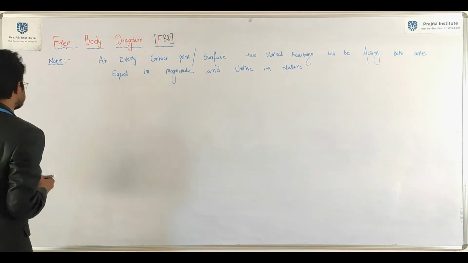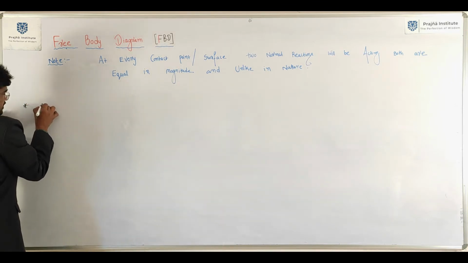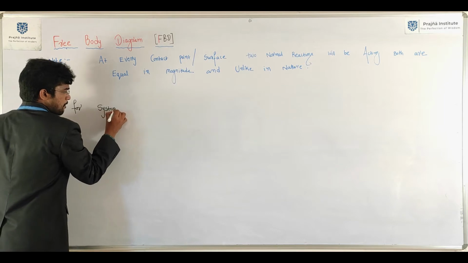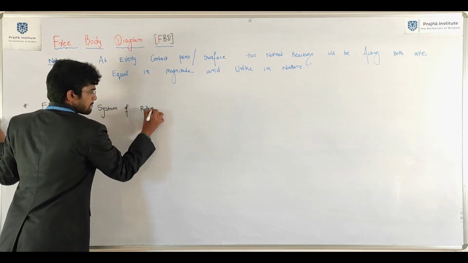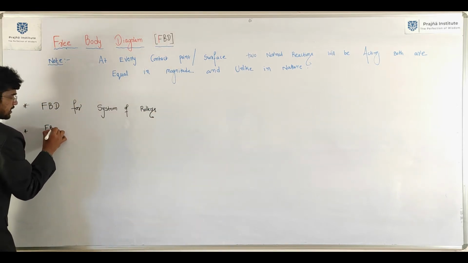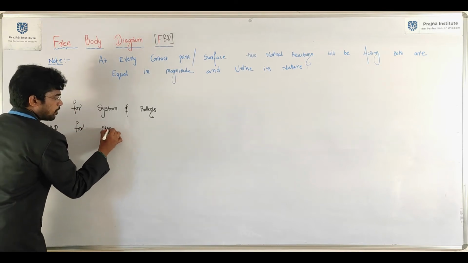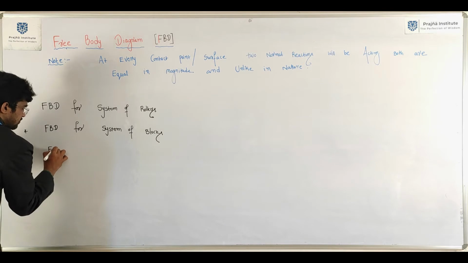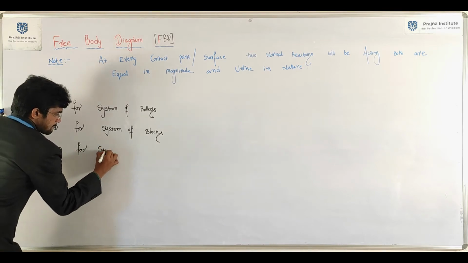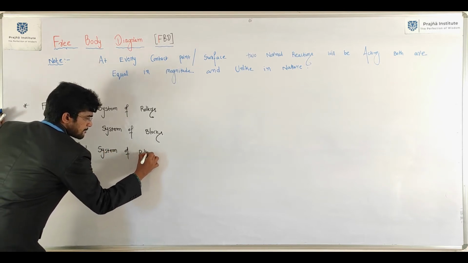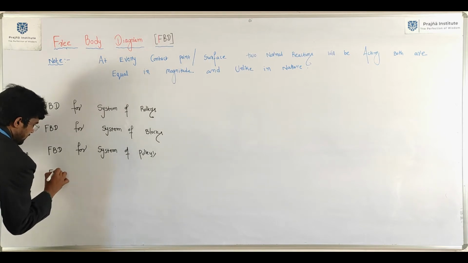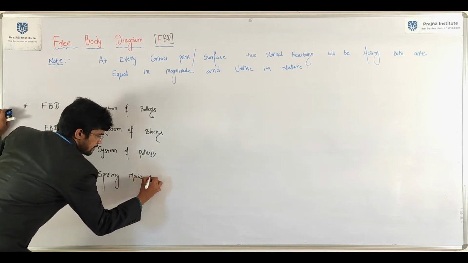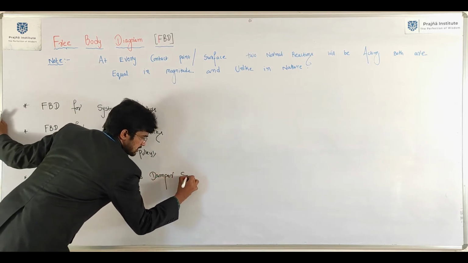Okay. Here our syllabus is, we need to draw free body diagram for system of rollers, free body diagram for system of blocks, free body diagram for system of pulleys, and FBD for spring mass damper system.